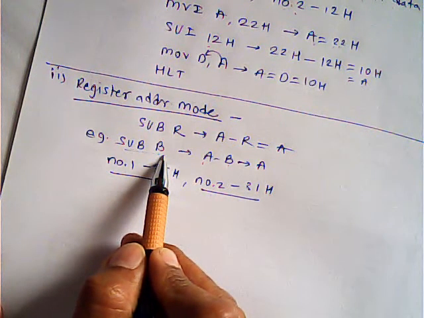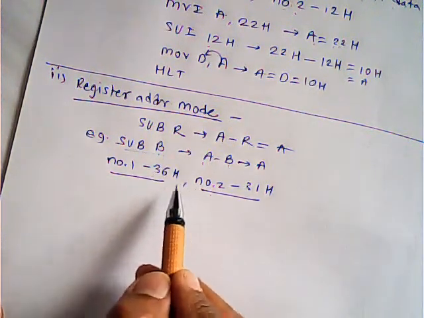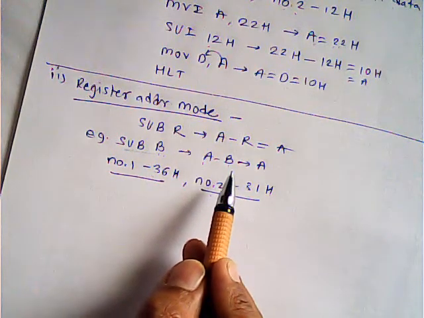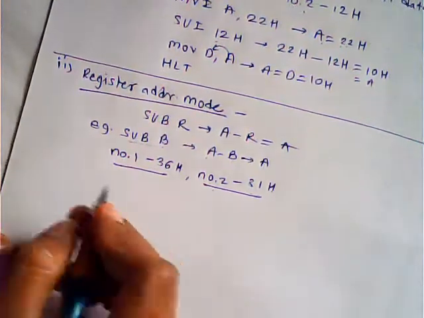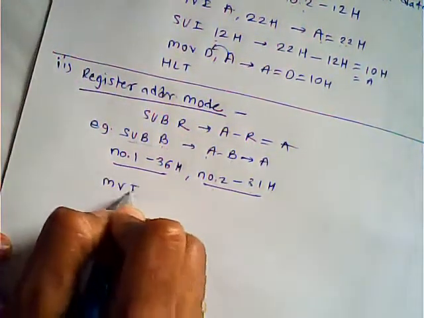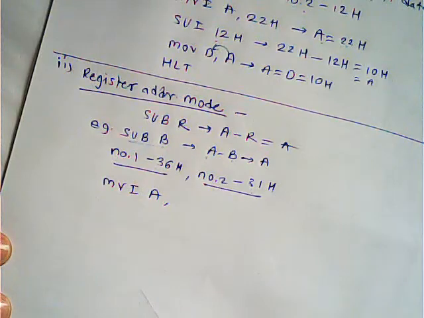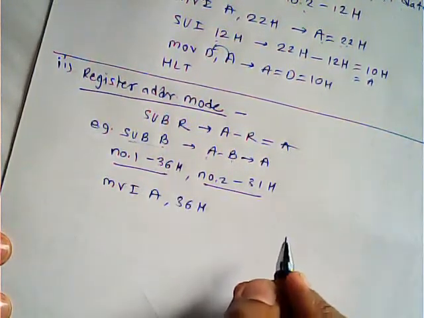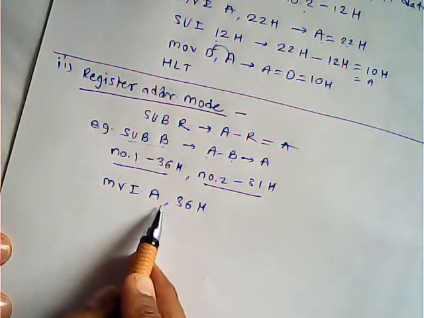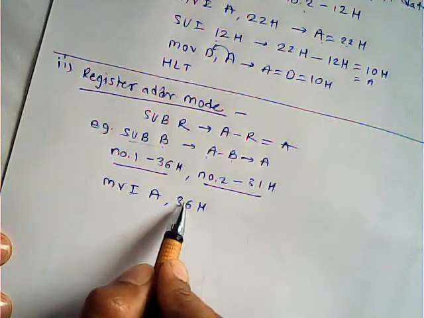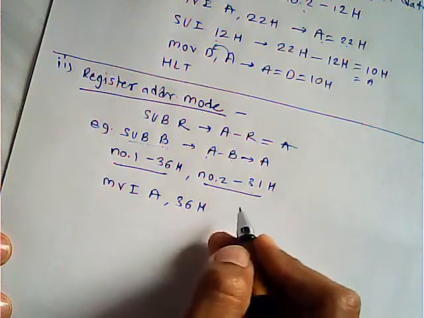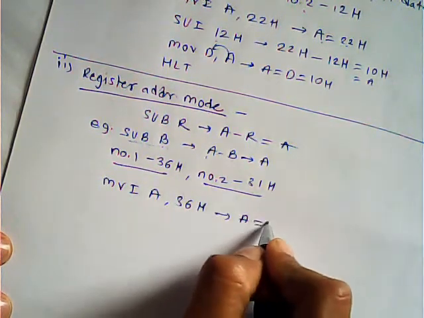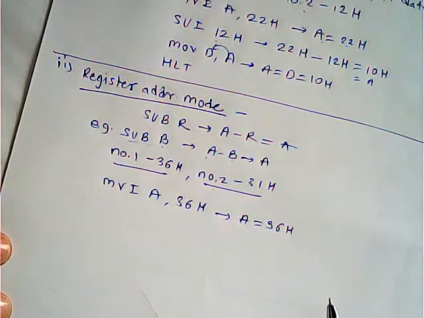So our first task is to take these two numbers, 36 and 31, in the A register and in the B register respectively. The first instruction is move immediate, MVI A, 36 hex. After the execution of this instruction, in the accumulator you will get 36 hex.